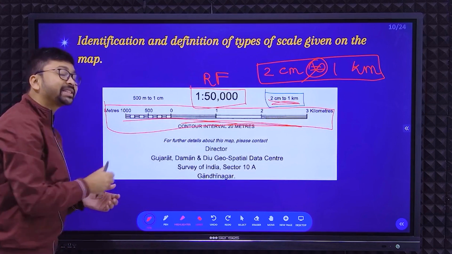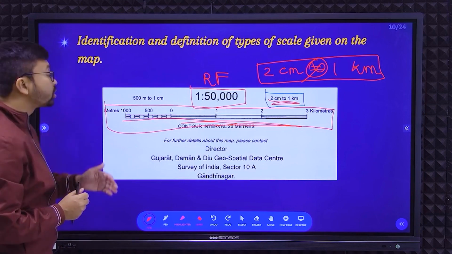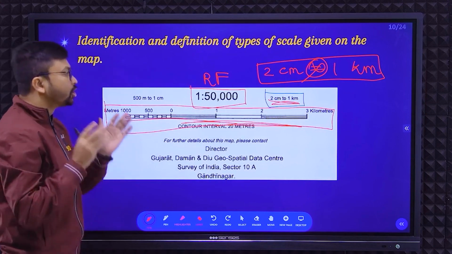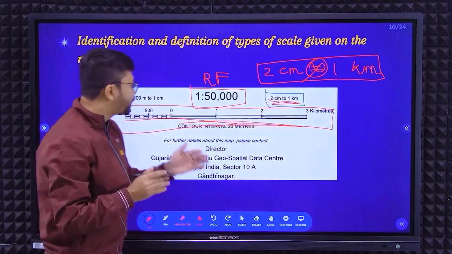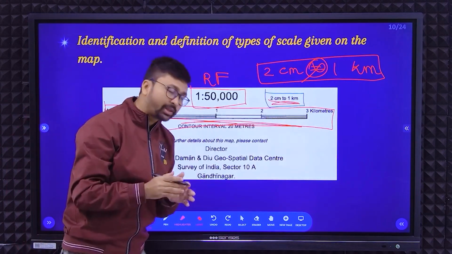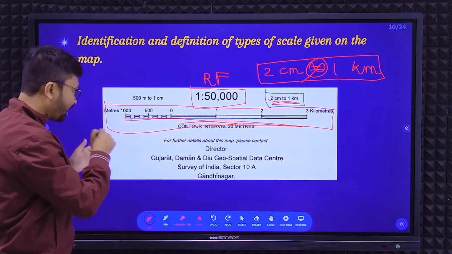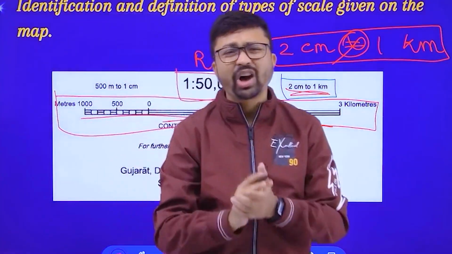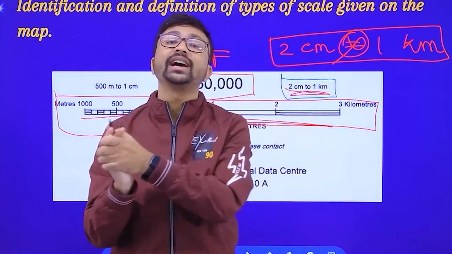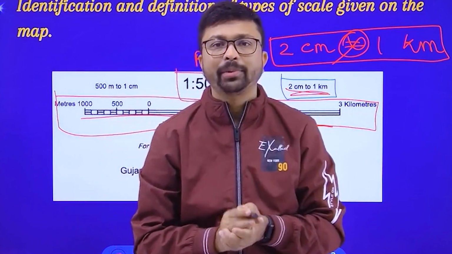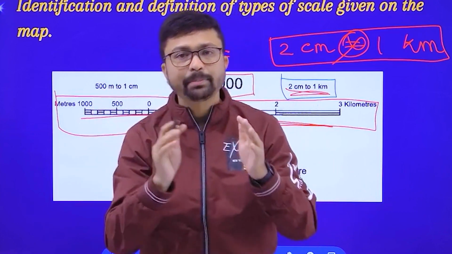So it is representing graphically. Those are called the graphical scale. So there are three types of scale: the statement scale, 2 centimeter to 1 kilometer; the RF, that is 1:50,000; and the graphical scale. Generally they ask the question what is scale or define scale, and what is the RF given on the map. There you need to answer simply like this.